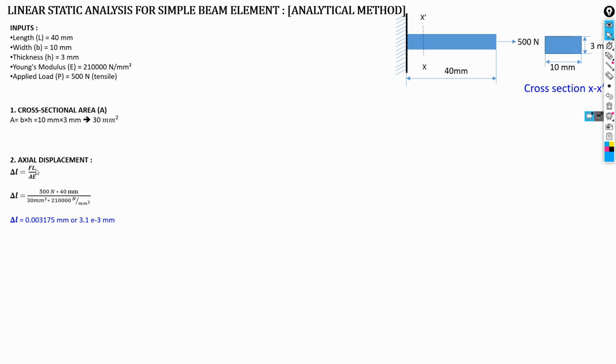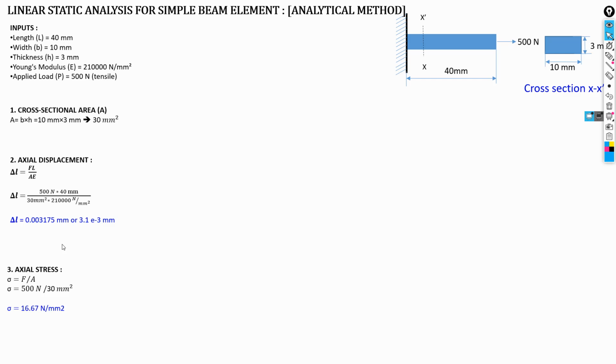We substitute all the values and we will get the value of 0.003175. As a third step we'll find the axial stress directly without finding the strain, because here we don't need the strain value to find the stress, but in the FEM case it will be a step by step process. So we can request the strain value as well.